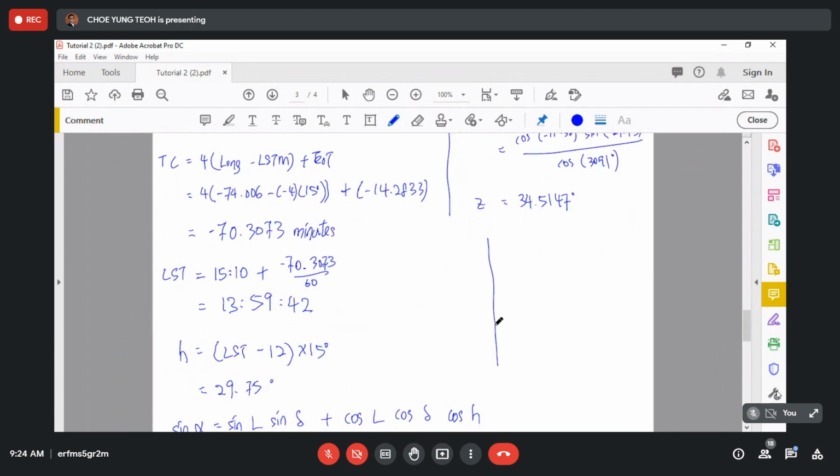So when you find the azimuth angle, you should be able to identify where is the location of the sun.